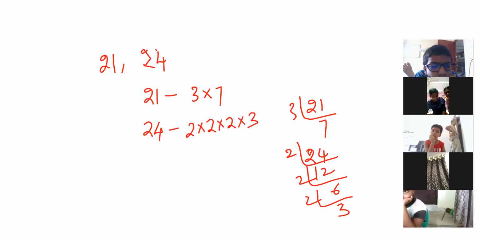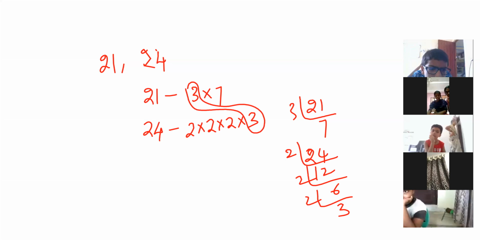Now, the method is going to be applied from here to extract the least common multiple. Before, to find the HCF, what you used to do, children? You used to circle the common factors first, right?